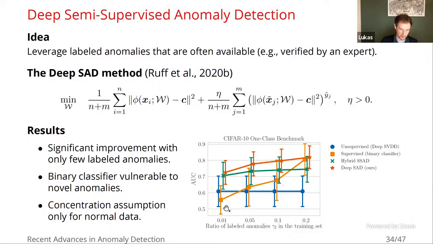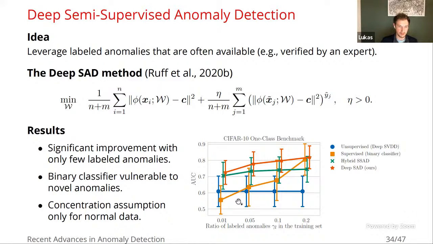And that in this case, a standard classifier is vulnerable to overfit only to the known types of anomalies. So the crucial part, again, in formulating such models is for them to generalize well towards novel types of anomalies, so accounting for the heterogeneity of anomalies.